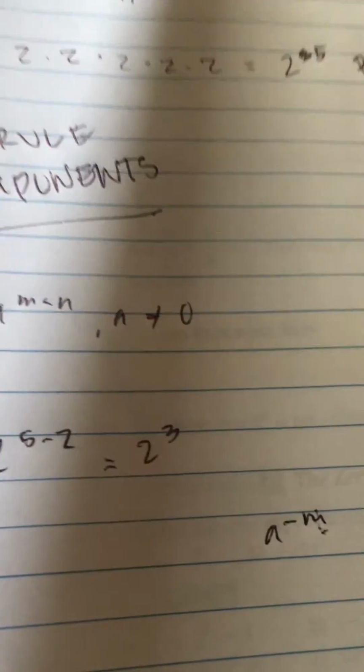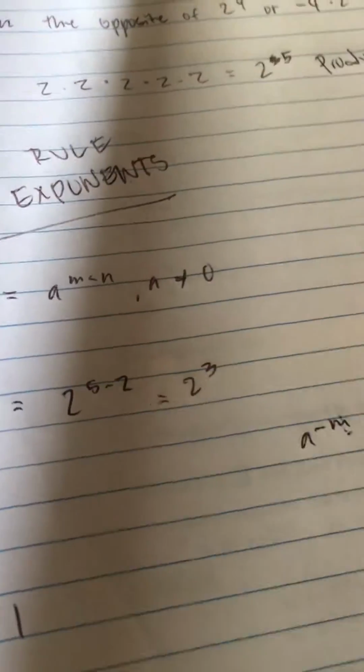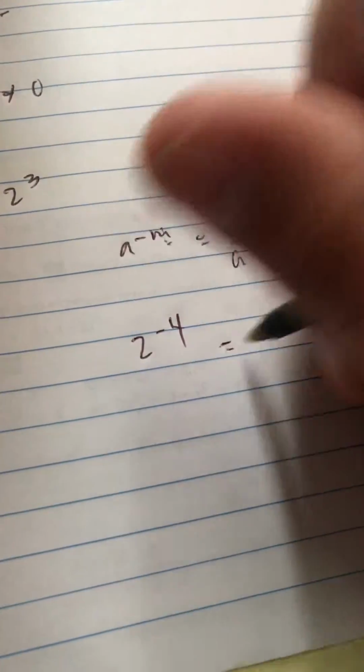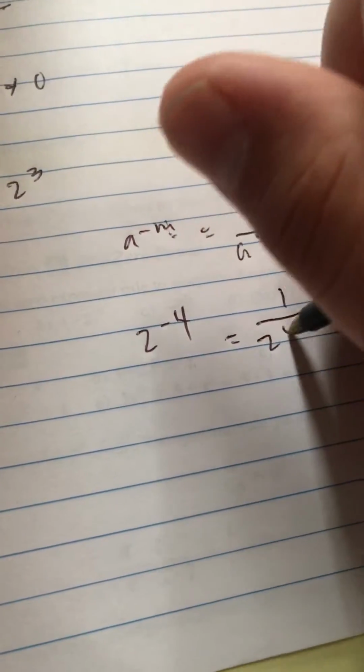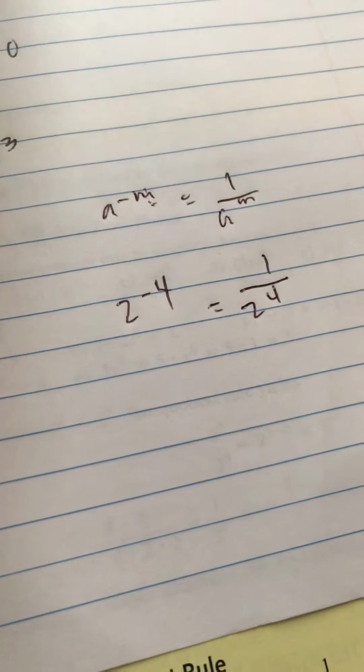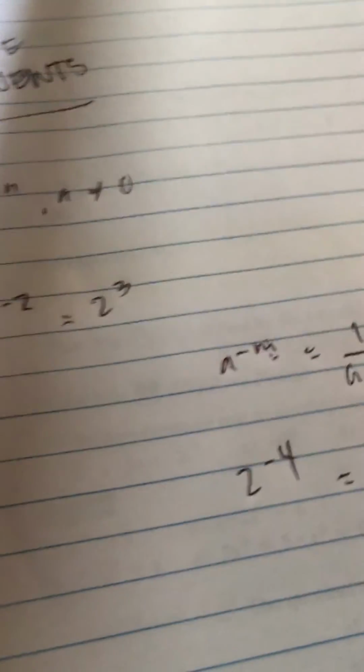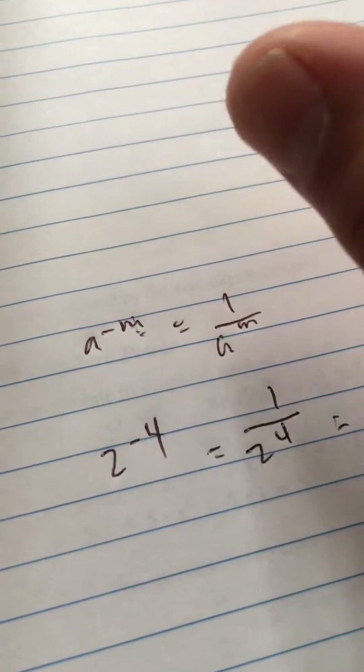If you see something like this, it means you're going to put 1 over a to the n. For example, 2 to the negative 4 is going to equal 1 over 2 to the 4, which equals 1 over 16. And that would be your answer.